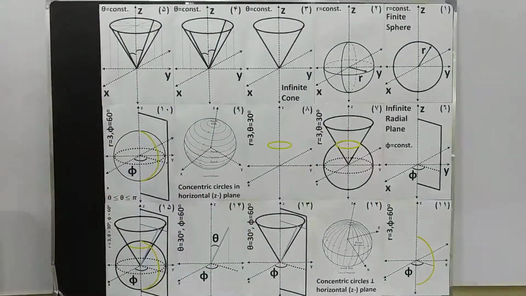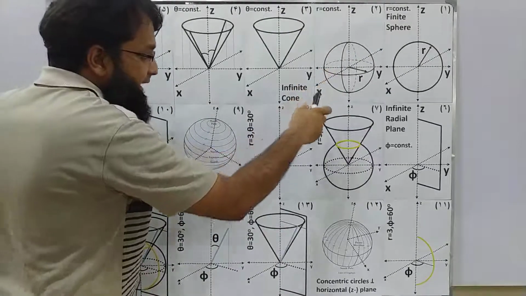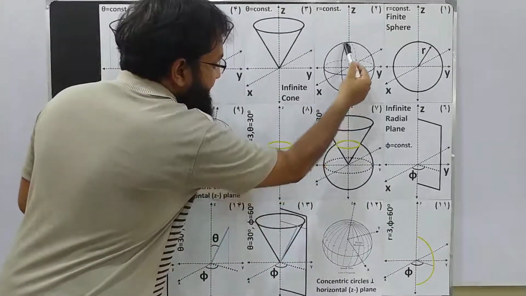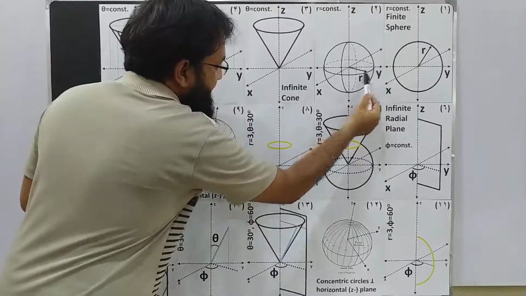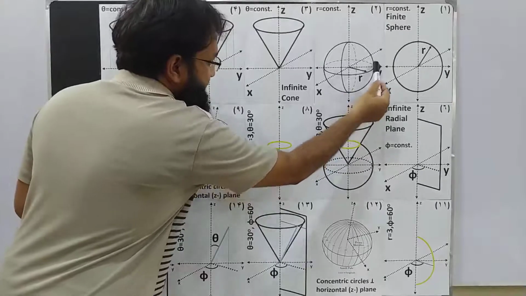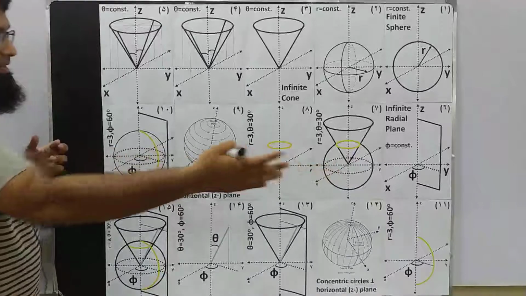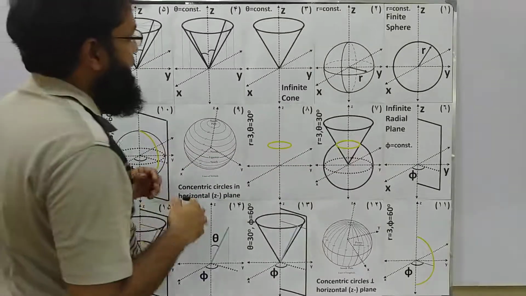So the diagram which we discussed previously on the whiteboard had this curve, this curve, and this curve, which is nothing but the sphere in the first octant.